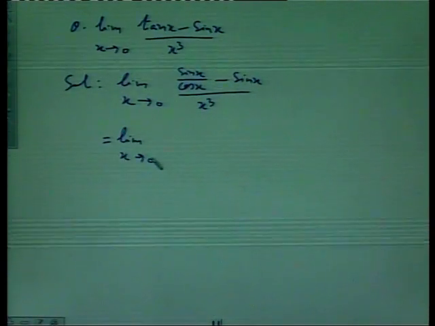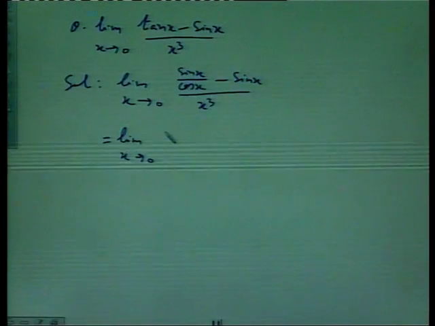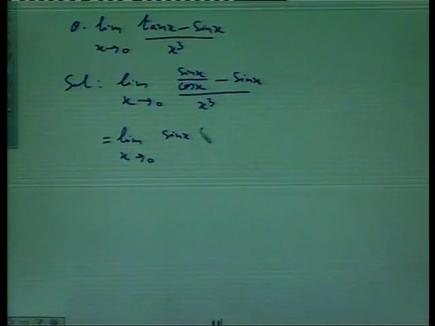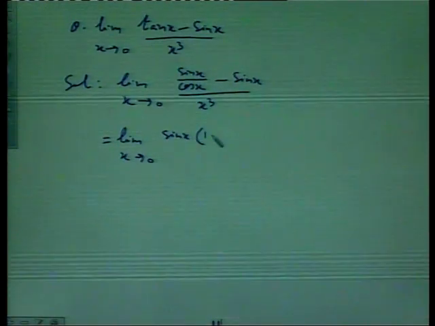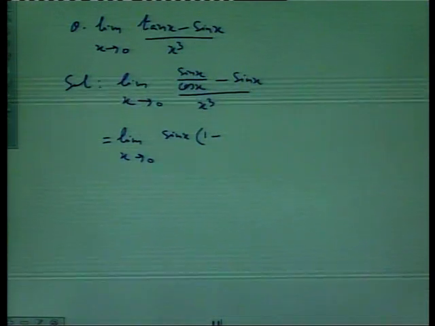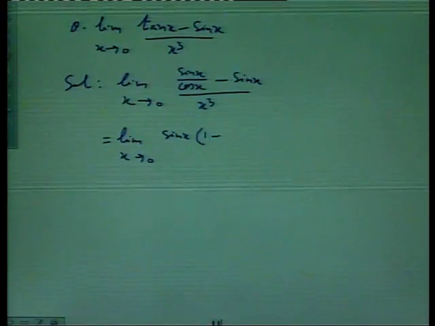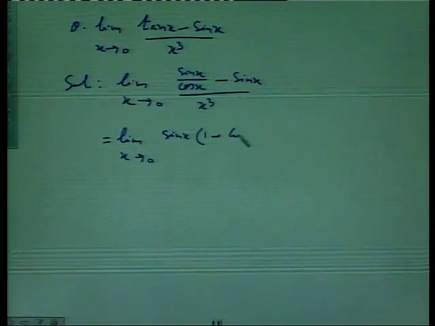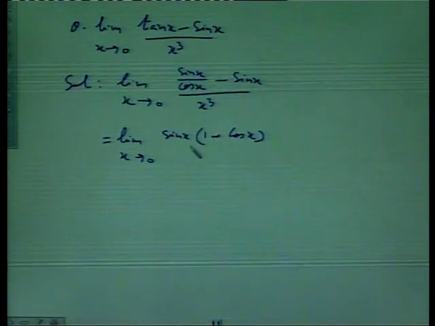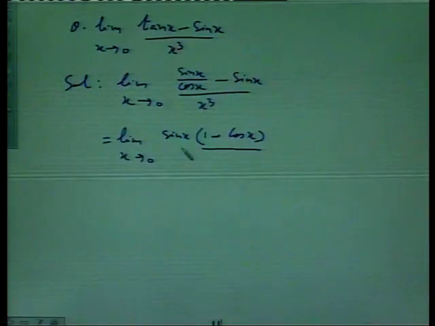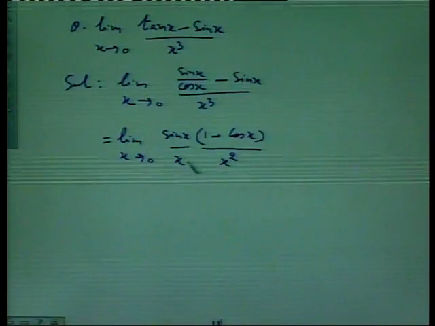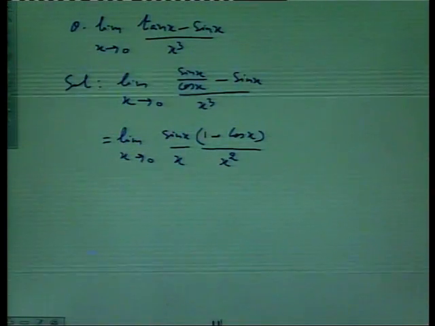Limit x tends to 0. Now taking sin x as common, here 1 minus 1 upon cos x, and sin x was common, and here x cube can be written as x and x square.